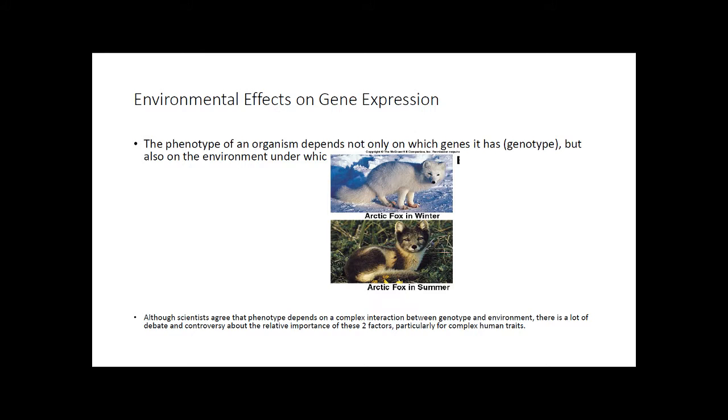I'm not sure if it's the temperature or the day length, but during the winter a certain gene turns on that produces white fur and the gene producing brown fur turns off, something like that. And vice versa in the summer.